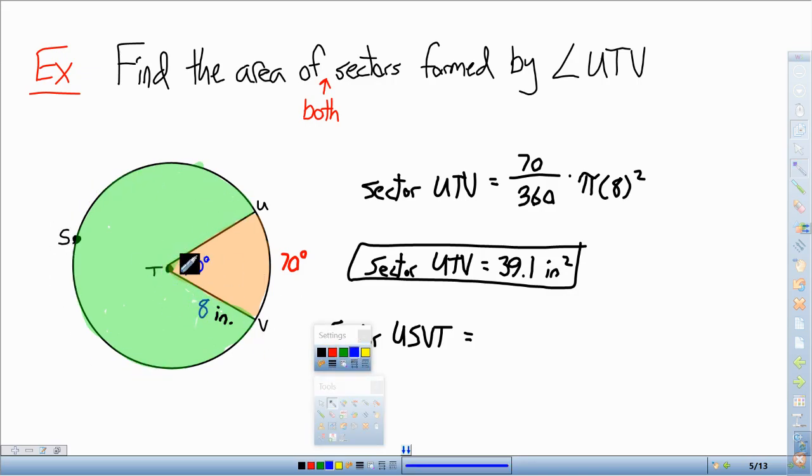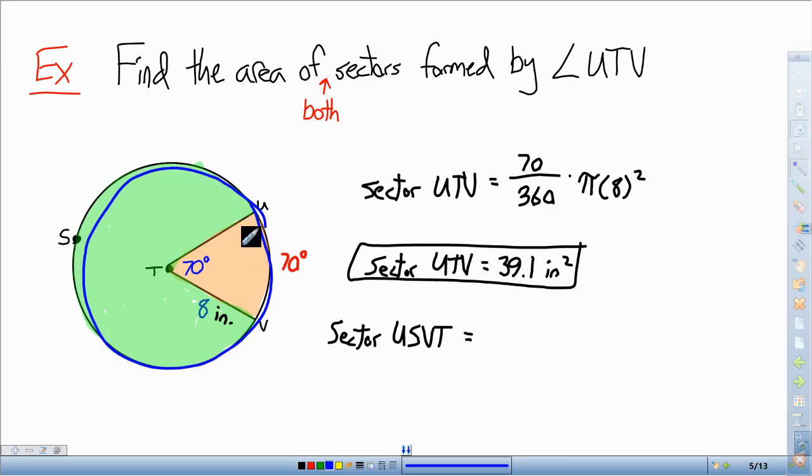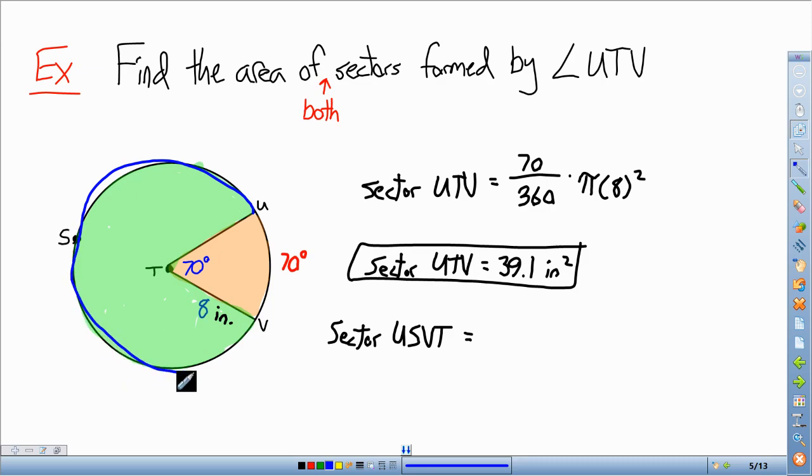Well, the question is what's the measure of this angle? We know that this part's 70 and we know the whole circle is 360. So maybe it's better to focus on the whole circle itself. If this part's 70, we can get the rest of the circle by taking 360, subtracting 70, which is going to give us 290 degrees. So there it is, 290.